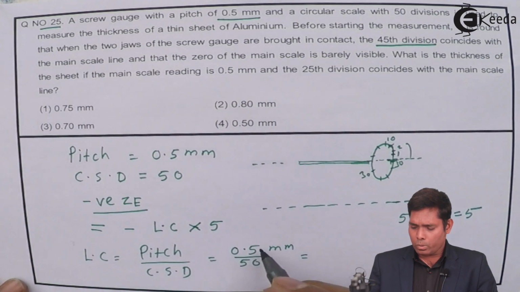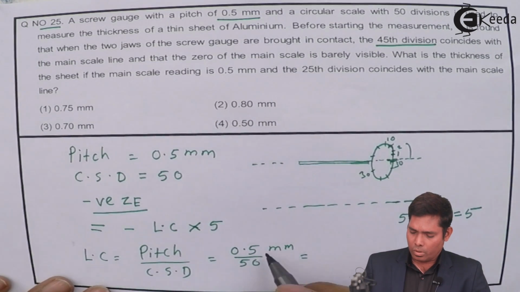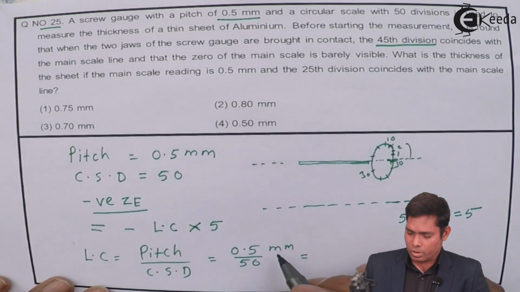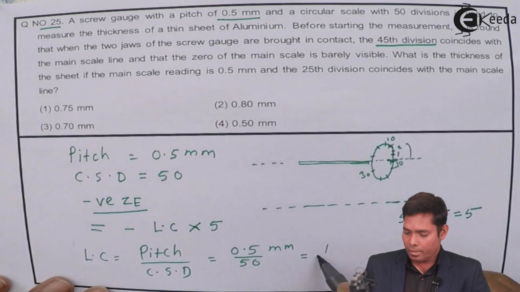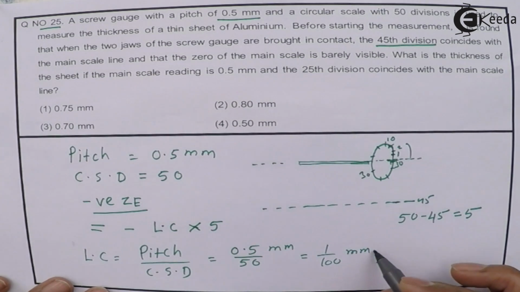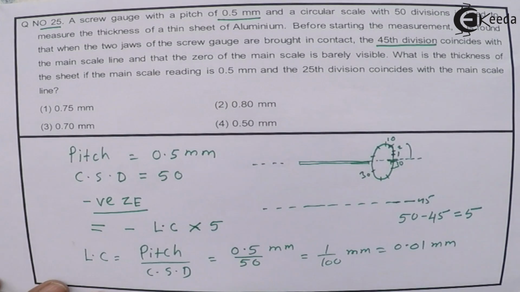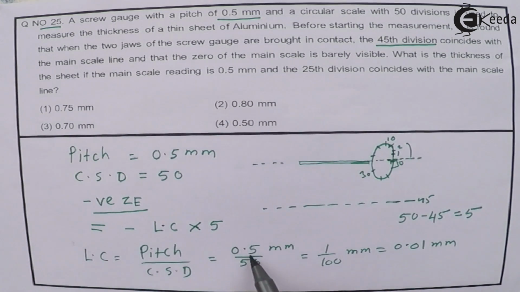That is 5 by 10, which is half, and 2 into 50 is 100, so 1 upon 100, that is 0.01 mm.